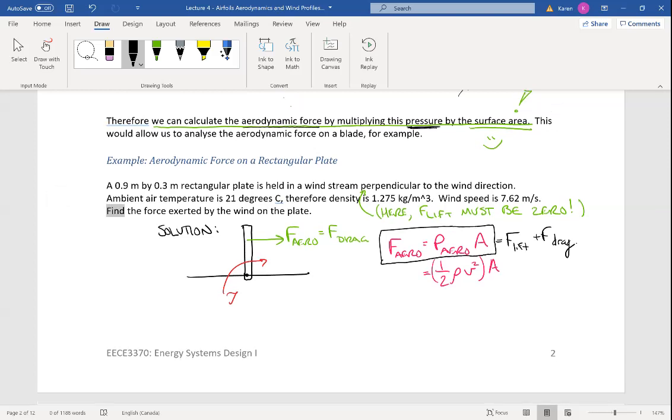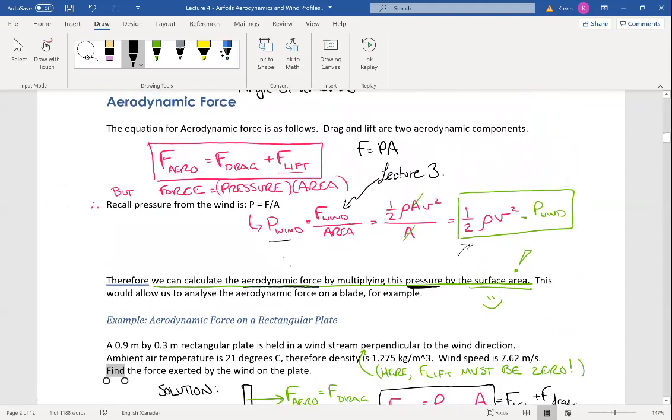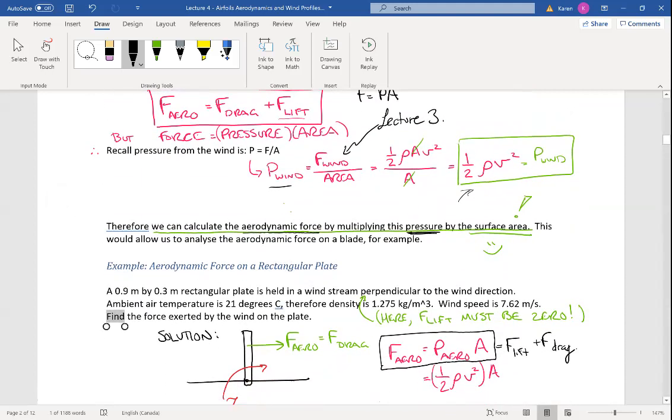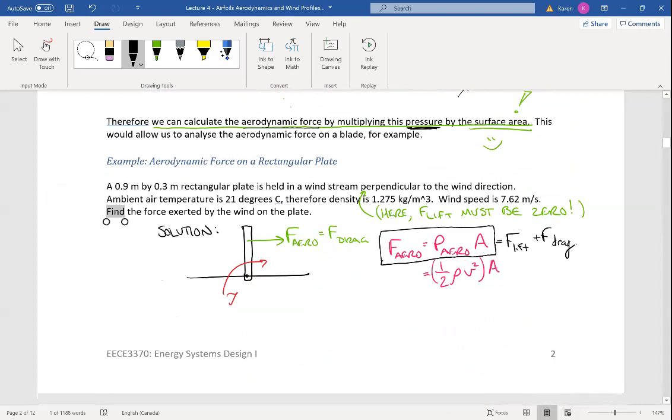But here I'm exploiting this fact that force equals pressure times area, and I know the pressure that the wind is creating is 1/2 rho v squared, and I know the area in this question. So this would be 1/2.